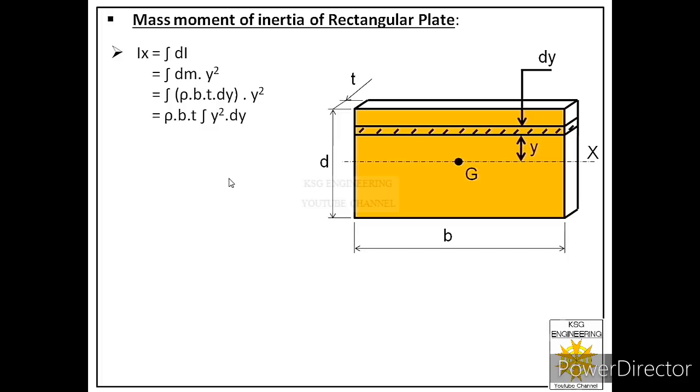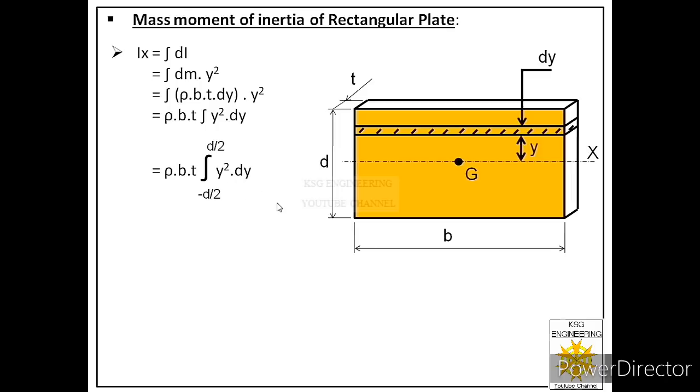Now after that we will take rho b t common because these are constants, and we will integrate y square dy between limits minus d by 2 to d by 2.